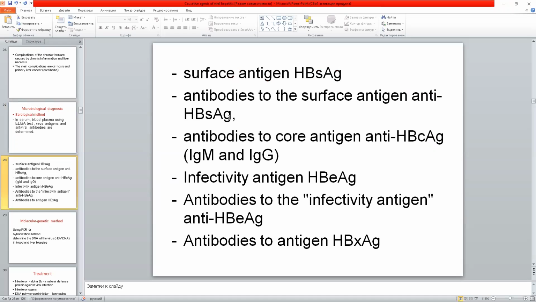It should be detected. Antibodies to this antigen are detected. And then antibodies to core antigen are detected. And then anti-HBe antigen, which indicates replication of the virus, and antibodies to this antigen are detected. And if antibodies to HBx antigen are detected, they indicate malignant transformation.